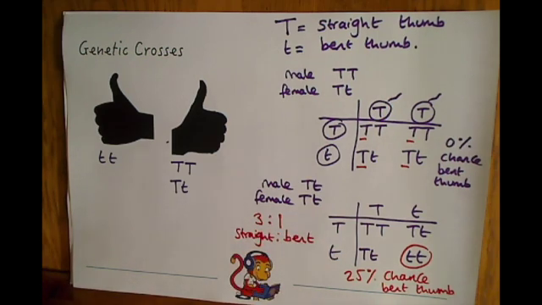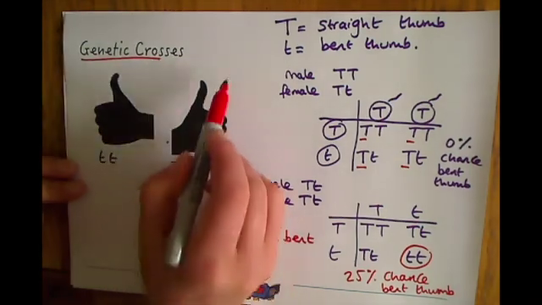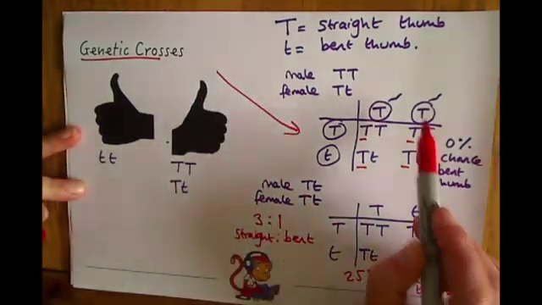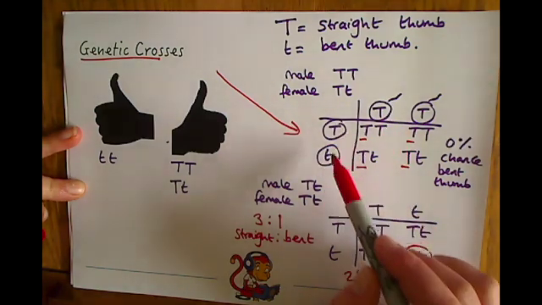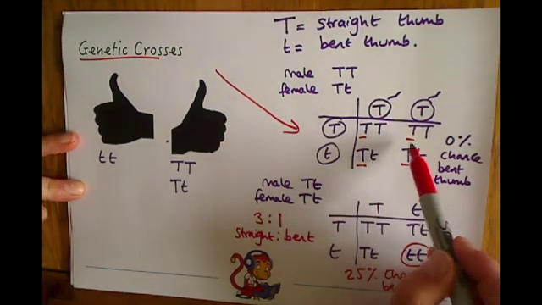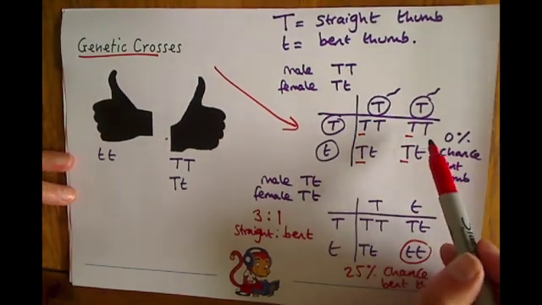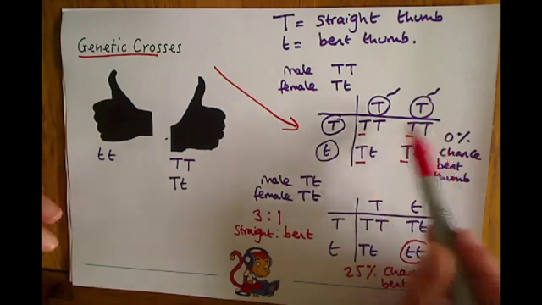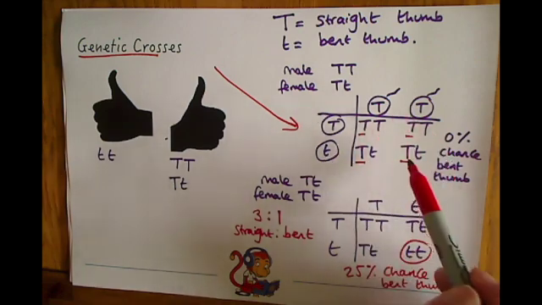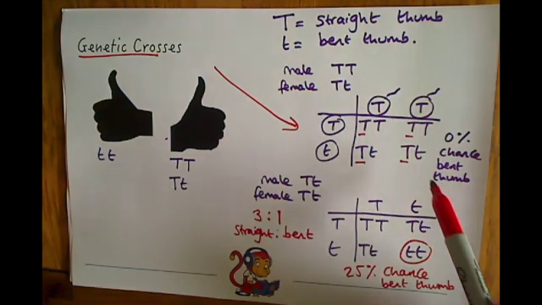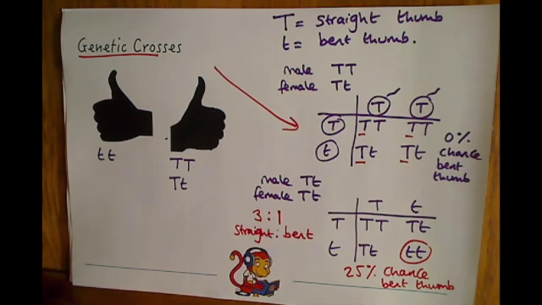Okay, so using these alleles then, this is the important bit for the genetic crosses, being able to take the alleles from the parents, cross them, and work out the possibilities of the children, the offspring of these two parents, expressing these certain characteristics.